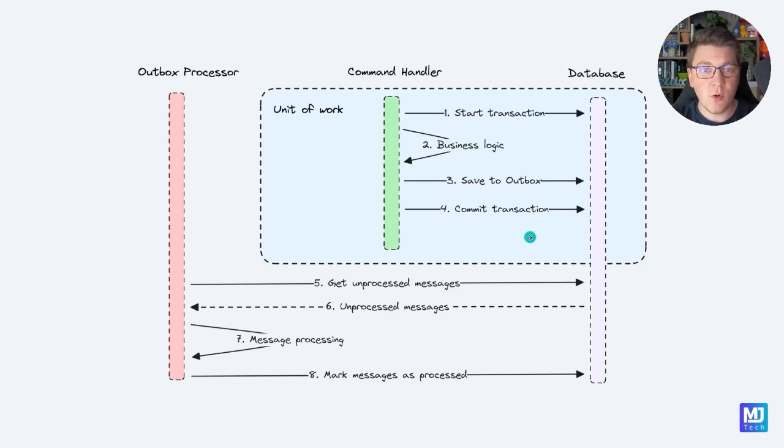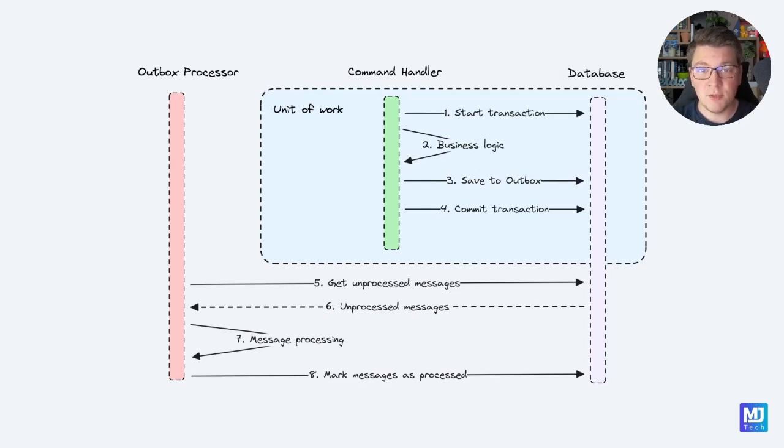And then the second component that we need is an outbox processor, which is going to be either a separate process or a background job running inside of our application that's going to fetch any unprocessed messages from the database, and then it's going to process these messages one by one, finally marking each message as processed so that they aren't processed more than once. We should also consider what happens if message processing fails, and in that case we could decide to process the message more than once in the hope that the next time we process a message it's going to succeed. And when you think about it, the outbox pattern is an implementation of at least once message delivery.